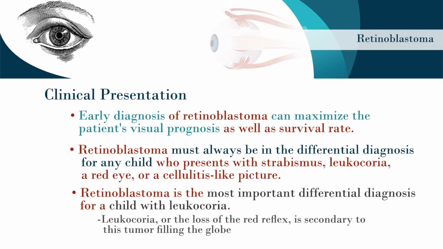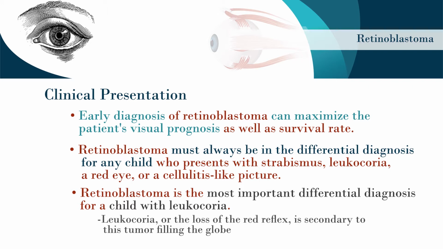The early diagnosis of retinoblastoma can maximize the patient's visual prognosis as well as survival rate. Retinoblastoma must always be in the differential diagnosis for any child who presents with strabismus, leukocoria, red eye, or cellulitis-like picture.